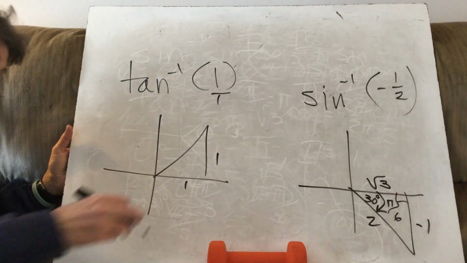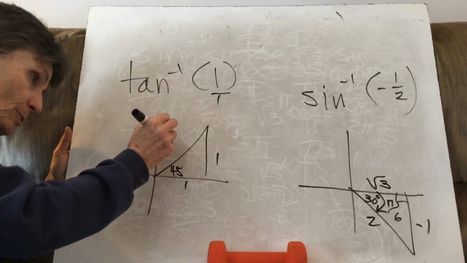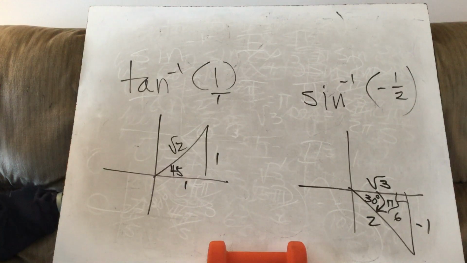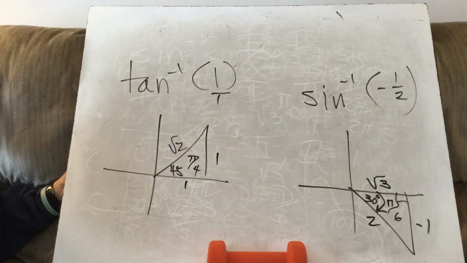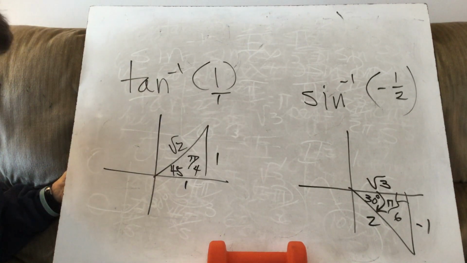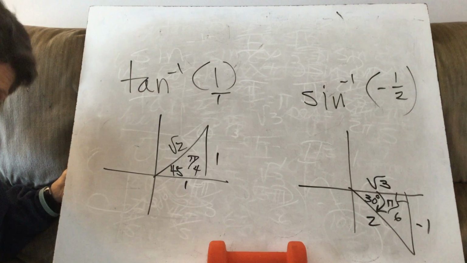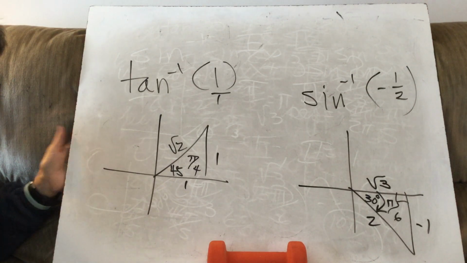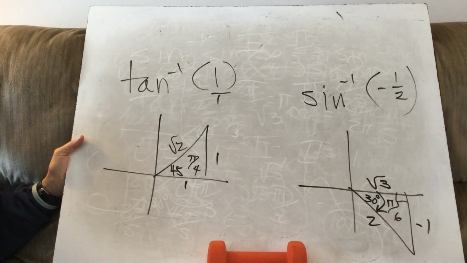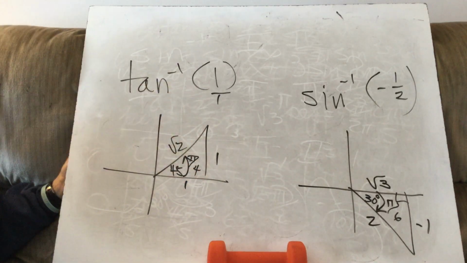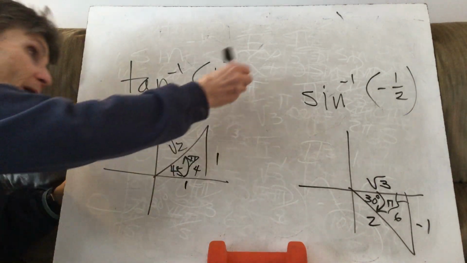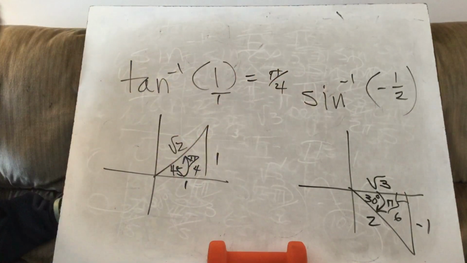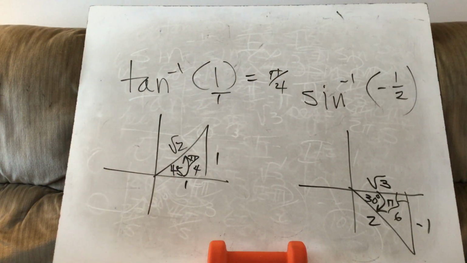The angle is 45 degrees, absolutely. 45 is a fourth of 180. 60 is a third, 30 is a sixth, 45 is a fourth. Can our answer actually be pi over 4 this time, since we're in quadrant 1? Yes, it can. So the answer to the problem is pi over 4. In degrees, it would be 45 degrees.